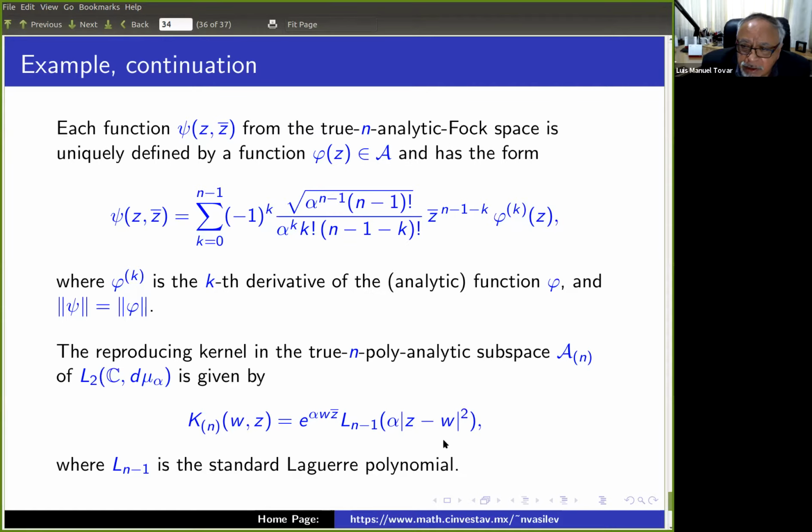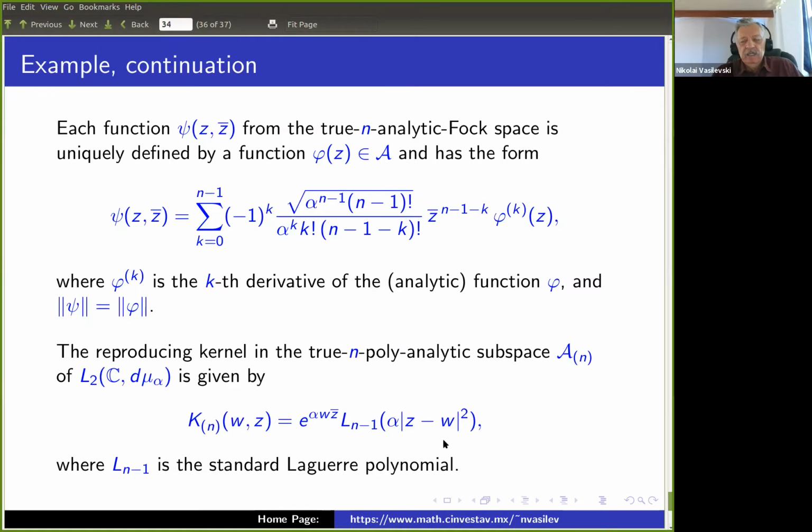Okay, more questions? Is it possible to extend this theory to higher dimensions, to domains in Cn? Well, it is easy to define, say, a polyanalytic space as the kernel of powers of the Cauchy-Riemann operator with respect to each variable. The problem is how to describe them in some reasonable terms.